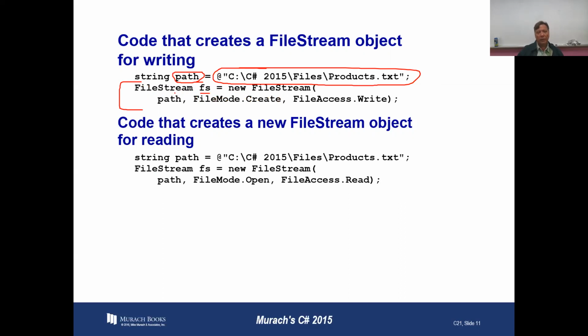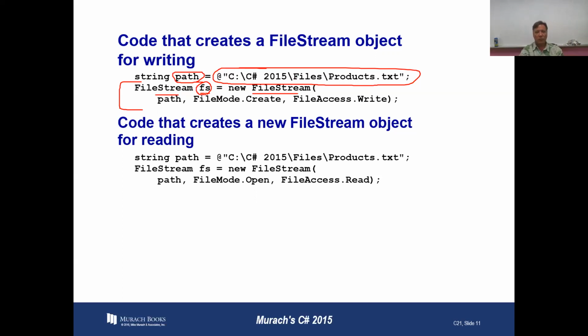You're going to create a FileStream object and name it FS. This declares a new FileStream object. This is the constructor. When you define a class, you define constructors. It's how you initialize a new object of that class.